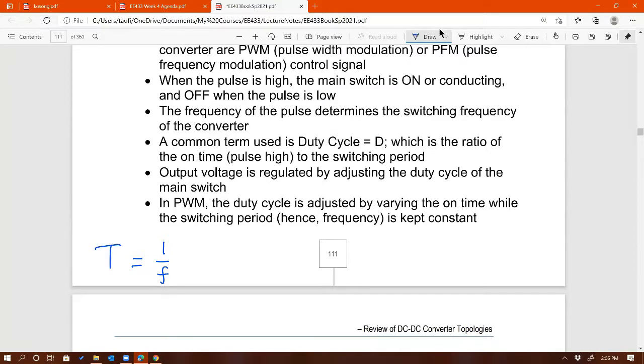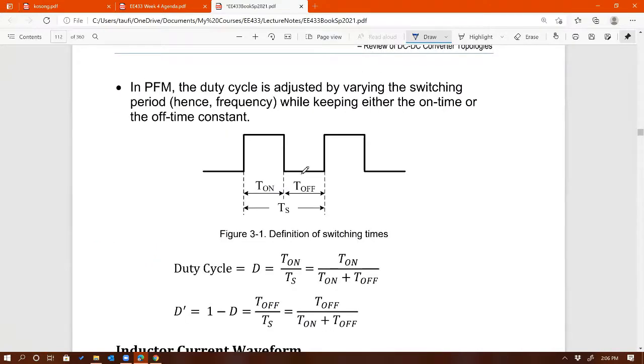Do I have a picture of that? Yes, there it is. So let's say this is the pulse that we send into the switch. Then the switching period is from here to here. Once the pulse repeats itself, that's one period. So that's T of S. The inverse of T of S is called switching frequency.